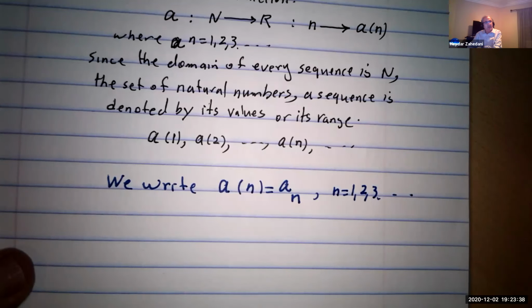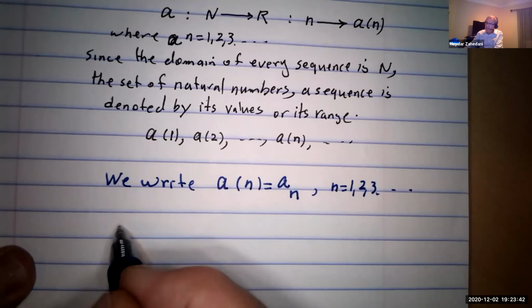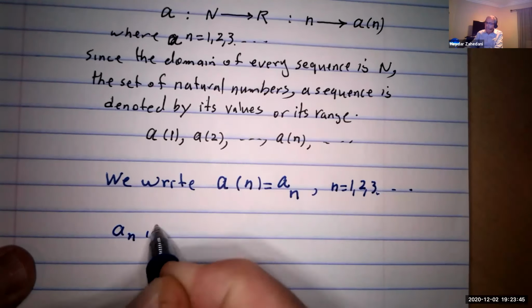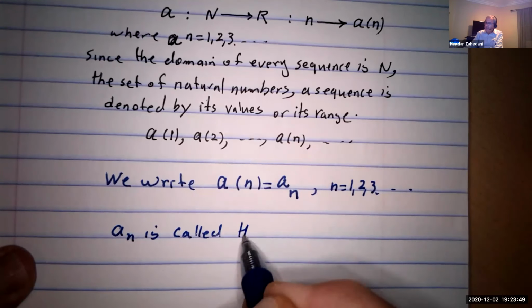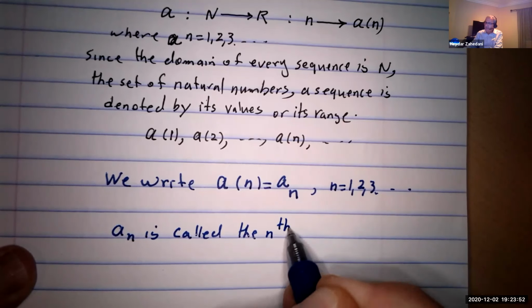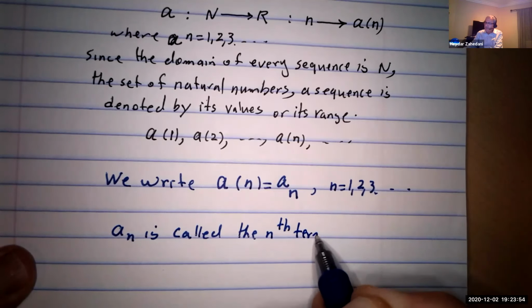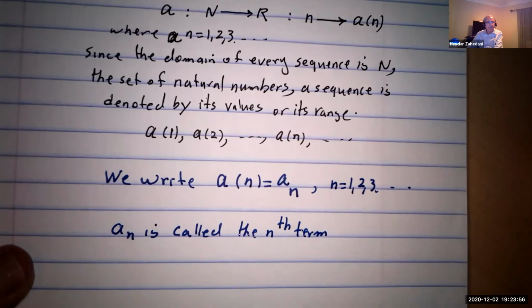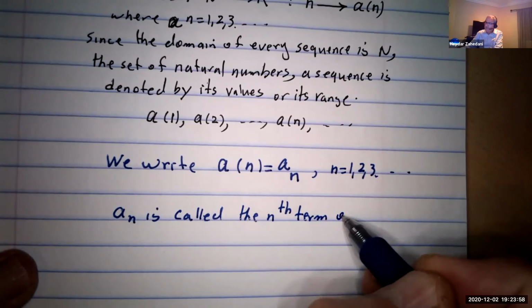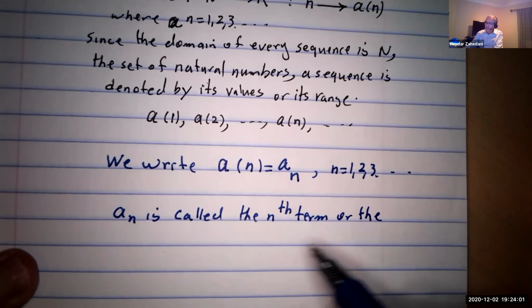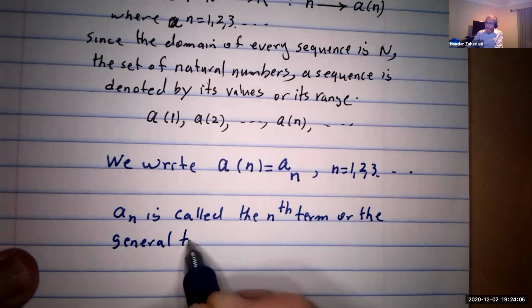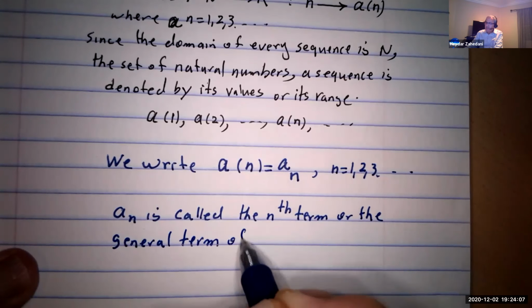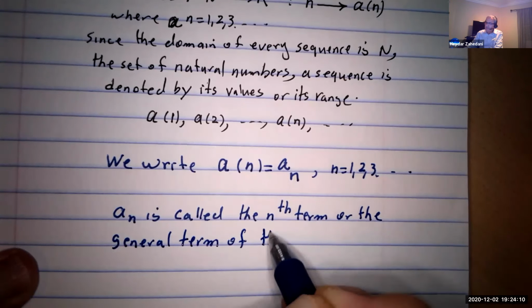We write a at n equal to a sub n. This a sub n is called the nth term, because we counted 1, 2, 3, 4, 5, 6, or the general term of the sequence.